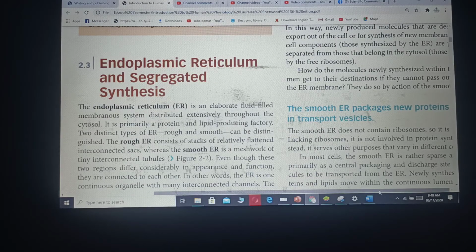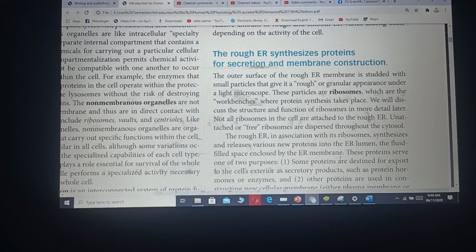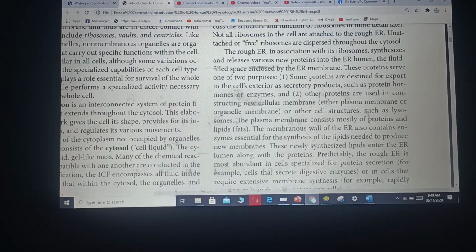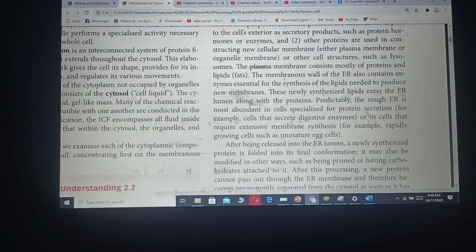The main function of rough endoplasmic reticulum is actually protein synthesis, and another function performed by the rough endoplasmic reticulum is lipid synthesis that is very minute in quantity, and lipid synthesis occurs because certain enzymes for the lipid synthesis are attached with the rough endoplasmic reticulum.